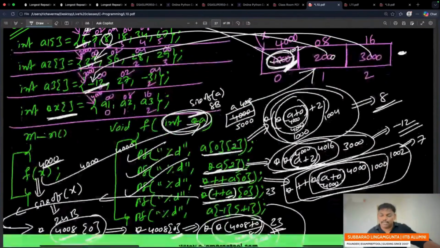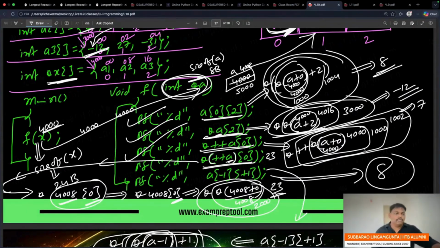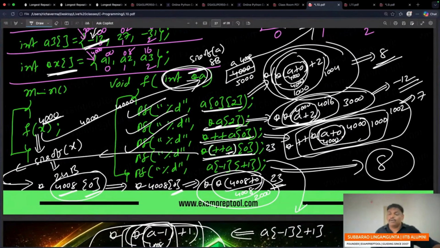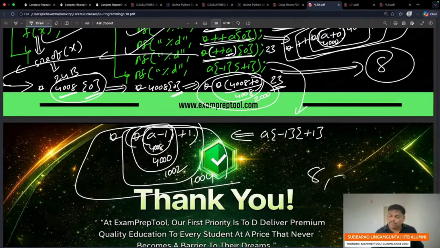What is the answer? 8. So this will print 8. So the final output you see is 8 minus 12, 7. Let me write 8 minus 12, 7. So I think 23 and 8.